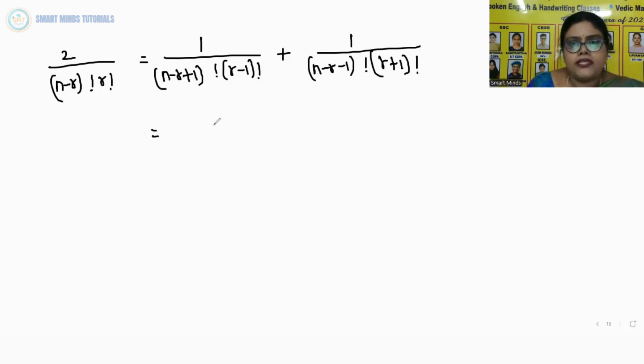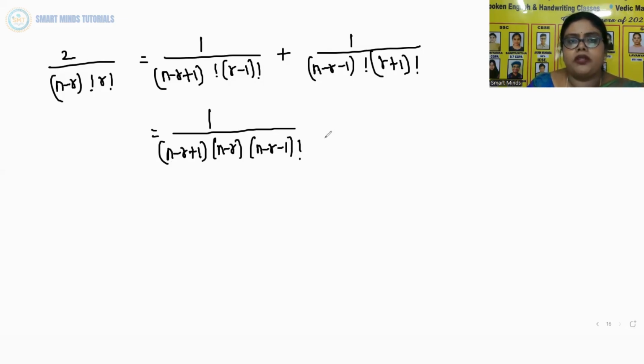So for taking LCM, we need to simplify it further. So here you have n minus r plus 1 and here n minus r minus 1. Which is greater? n minus r plus 1 is greater. So we will reduce it until we get n minus r minus 1. So (n minus r plus 1) into (n minus r) into (n minus r minus 1) factorial.